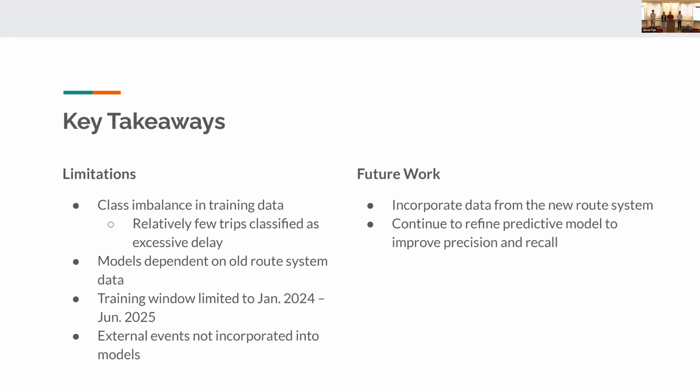I also want to point out some limitations to our data set. There's a class imbalance. The number of trips classified as excessively delayed was a smaller share of the total number of trips, which can make it hard for the model to predict those accurately. Also, the data we were provided with is from January 2024 to June 2025, and is based on the previous iteration of routes, so extrapolating that to the current system is a little challenging.